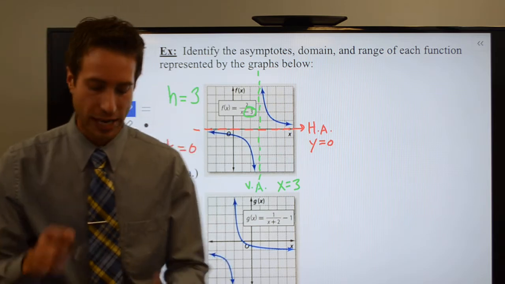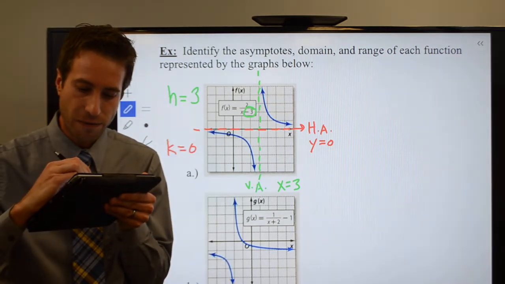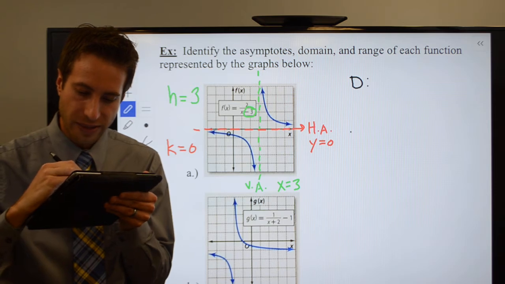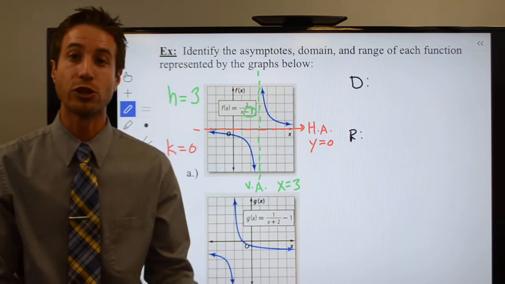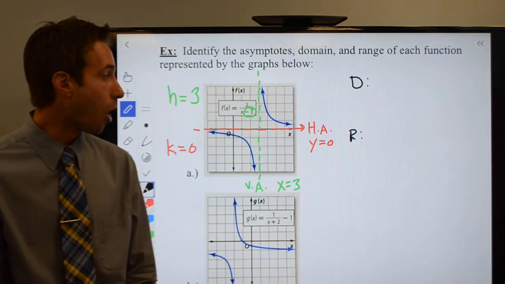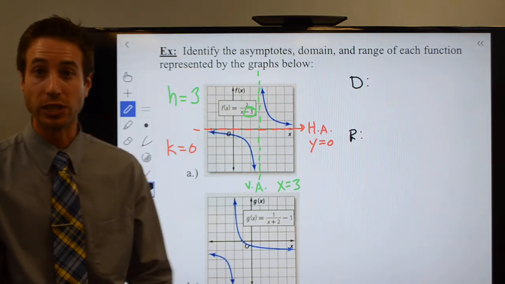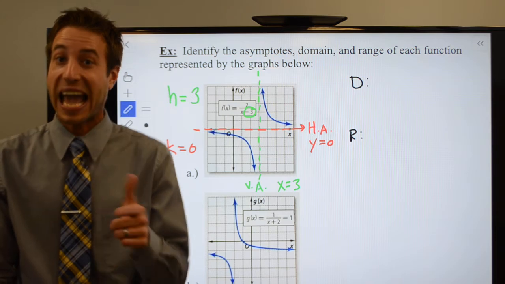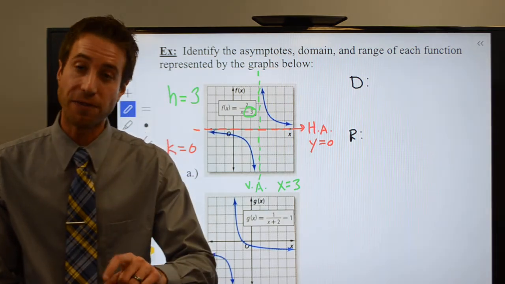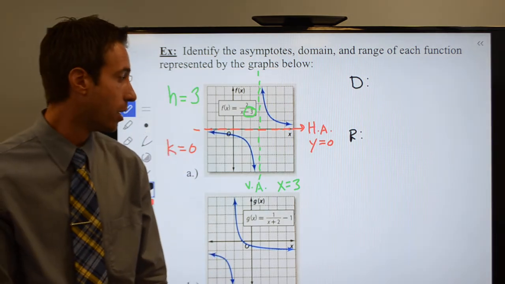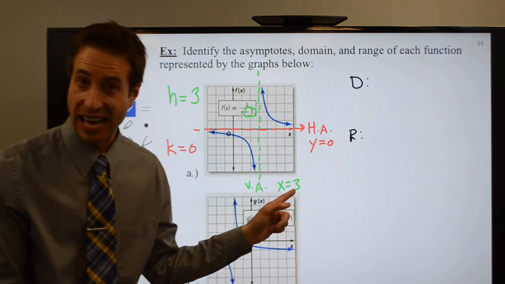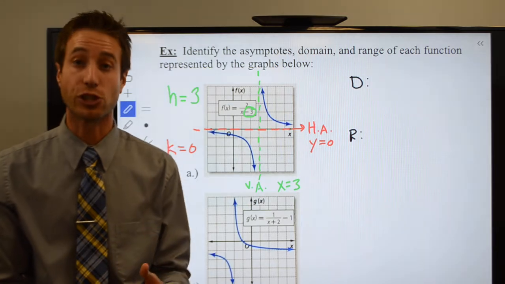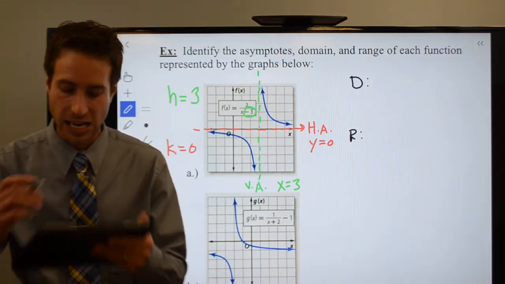Anyway, the domain and range was the point here. From this graph, we're going to write the domain and the range. Remember, domain is all values of x that are allowed. Well, all the values of x that are allowed is going to be all real numbers except for what is undefined. What gives you division by 0? Well, I have division by 0 when x is equal to 3. So that is the only value that is excluded. That is the only value that is not allowed.